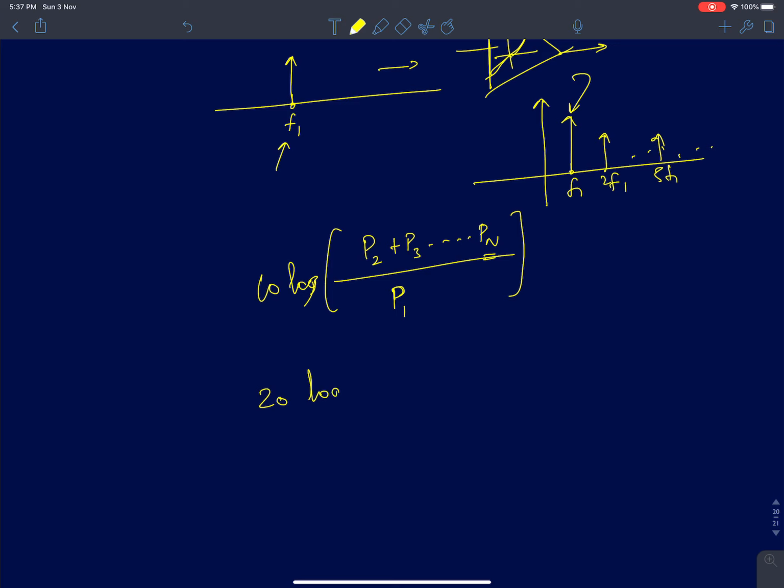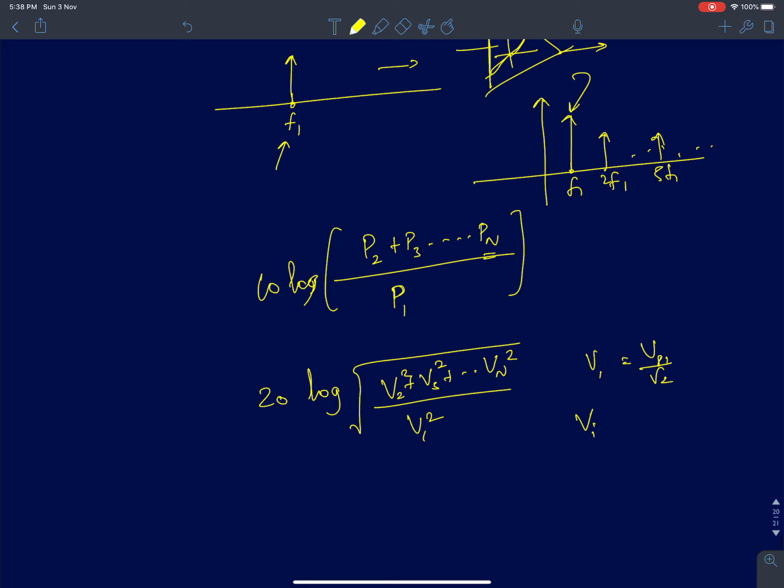So it will be 20 log of the root of V2 squared plus V3 squared and so on till Vn squared, divided by V1 squared, where V1, V2, V3 are RMS voltages, which is V peak by root 2. Here Vi is Vpi, the peak voltage of the ith harmonic, divided by root 2.